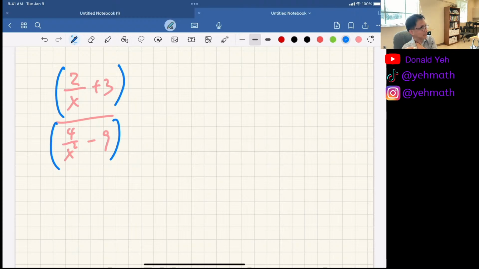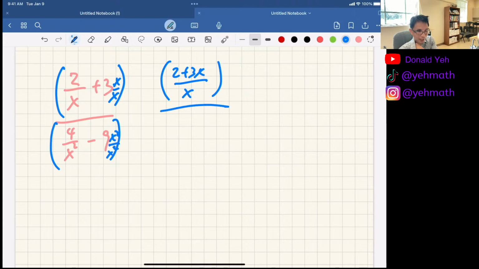And if it's adding and subtracting, you know how to add fractions, hopefully. If you're in calculus, this one should be multiplied by x over x. So then you have the same denominator, and you will get 2 plus 3x over, if I multiply this by x squared over x squared so you have a common denominator, x squared, 4 minus 9x squared. Hopefully you have this part. Any questions so far? Does that make sense or no?